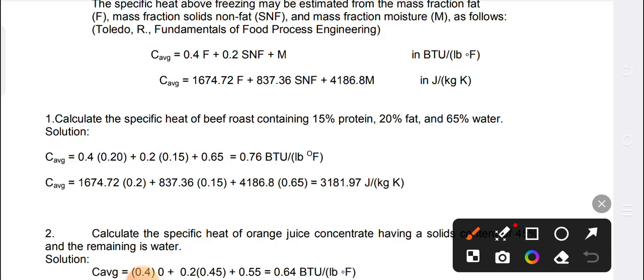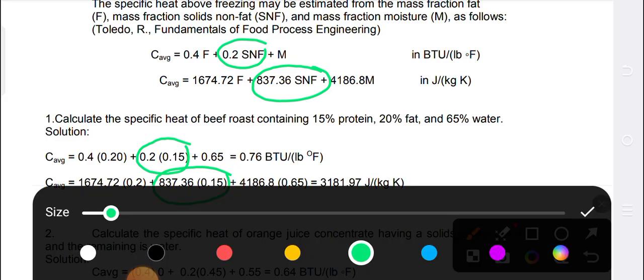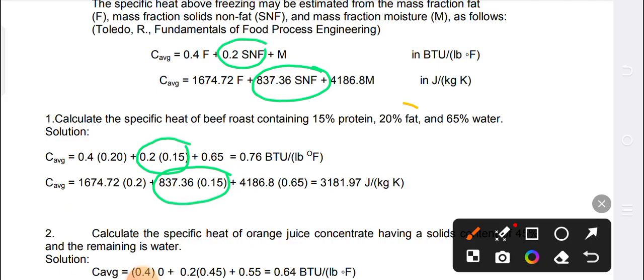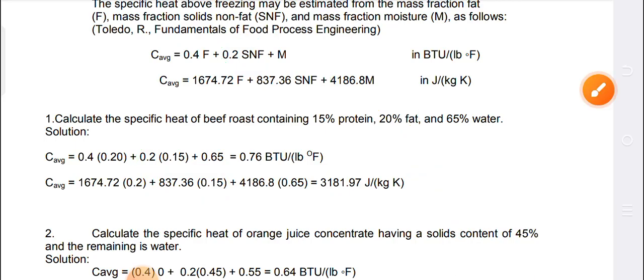So asan ba yung ating solid non-fat? That would be 0.2 times ito yan. Kaya 0.2 times 0.15 or solid non-fat, 837.36 times 0.15. Okay? For the fat content, which is 20%, that would be divided by 100 to make it a fraction, 0.2.